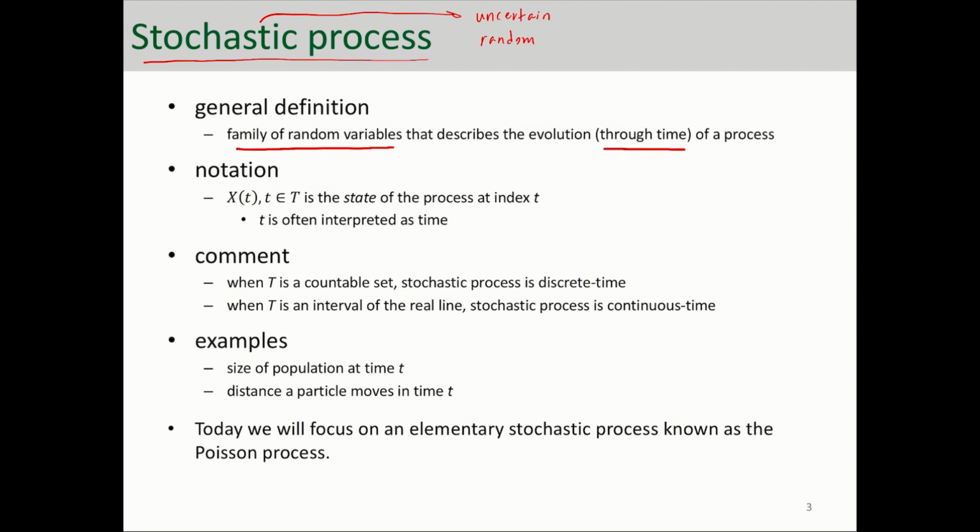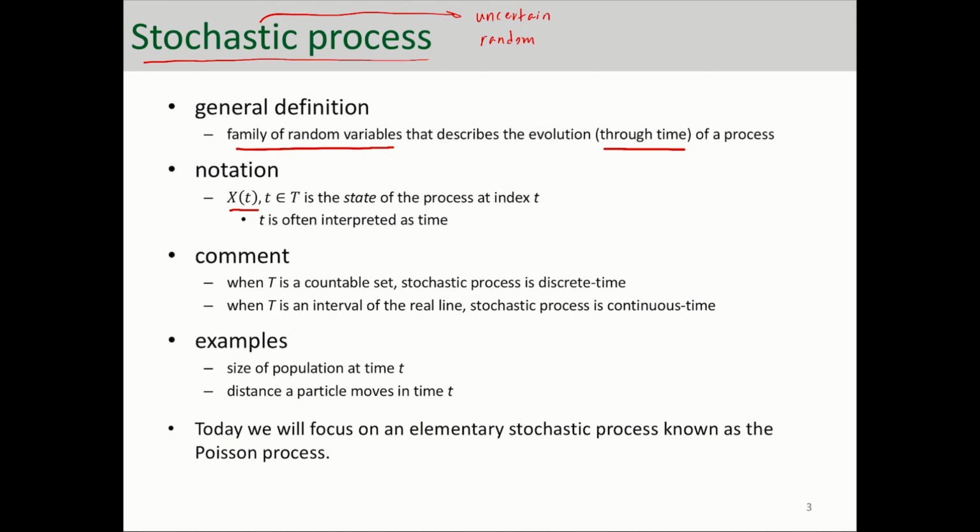Whenever we have a process that changes over time, such as arrivals of customers to a store or arrivals of patients to a hospital, arrival processes tend to be modeled quite often as stochastic processes. The way that we show the state of the process at any time is with x of t, where t is the time. That shows the state of the process at time t, such as the number of customers in the store in 2 hours, or the number of patients in the hospital at 3 o'clock. So that's x of t.